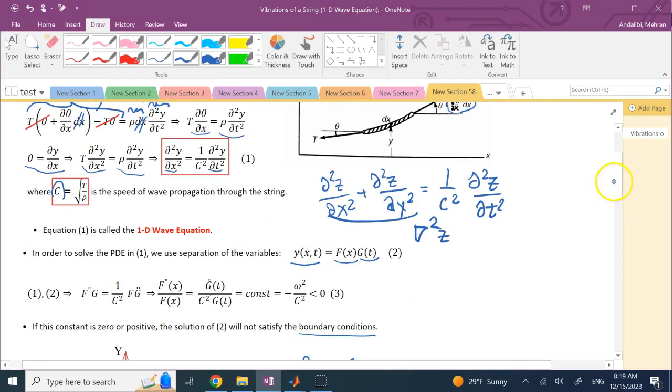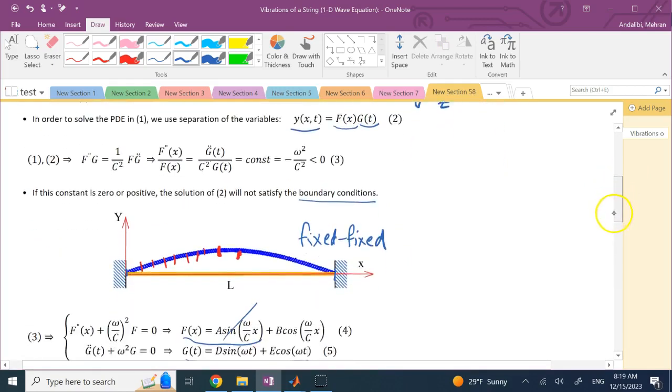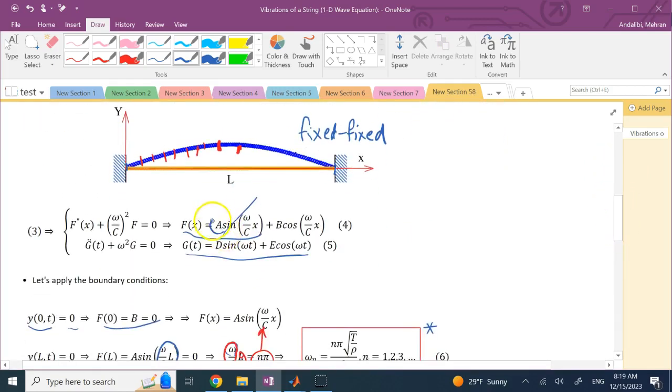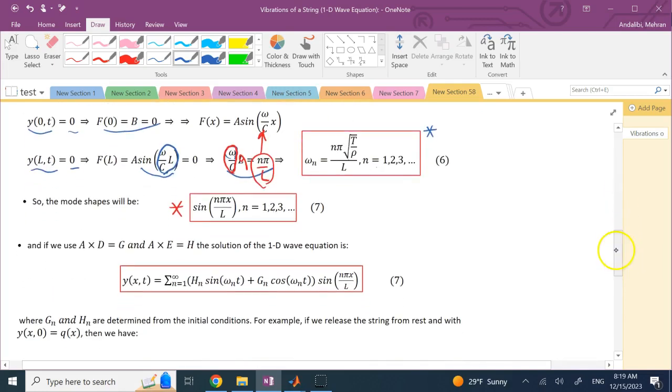So what is it that we have not found so far in f function? The only thing we could not find is this constant a. And g has two other constants, d and e. So when I multiply f by g to get y, I call this a times d and a times e two new constants. I call them g and h.